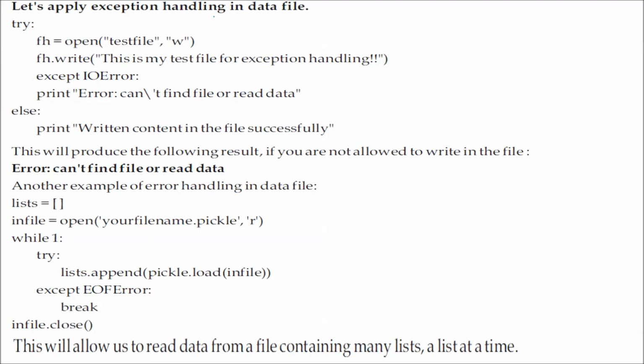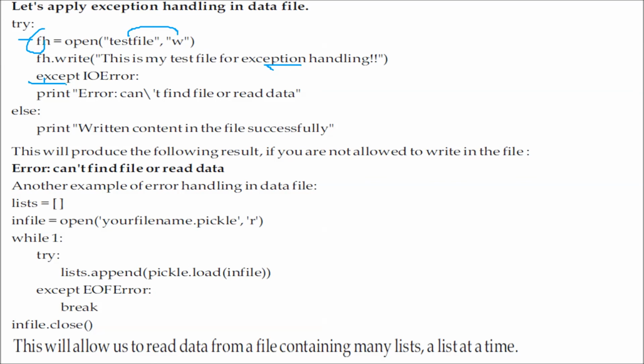Now let us apply exception handling to a data file. We'll write it here, try. This is opening of a test file. This is a data file, where we have to perform the input output exception. So test file, fh.write, this is my test file for exception handling.